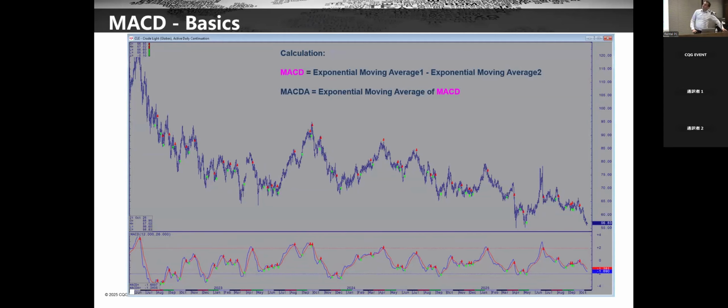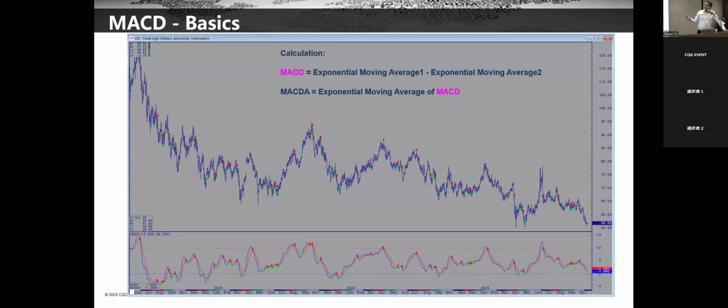So the basics, first of all, is going to be the MACD. It's a tool that uses as its basis two moving averages of two different periods and just does one period minus the other, which will give you the blue line that you see at the bottom.